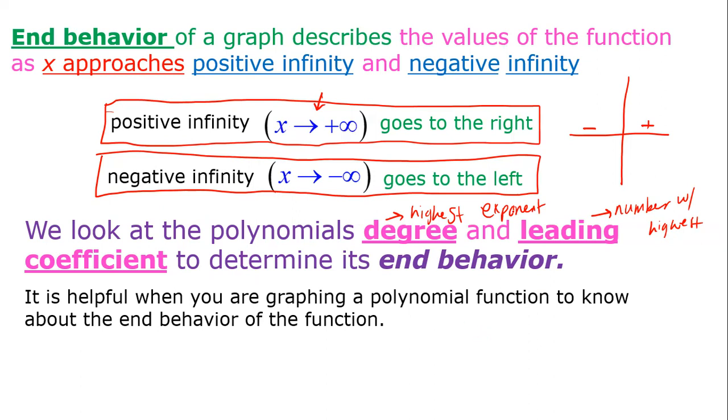So what is a degree? The degree is the highest exponent. And what's the leading coefficient? The number with the highest exponent. Okay, so we're going to write a little example.